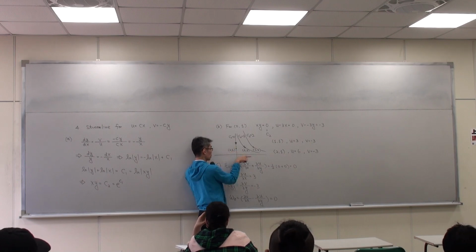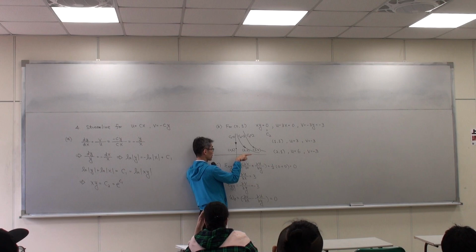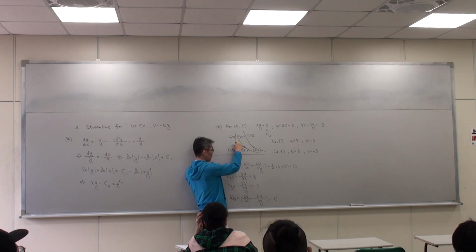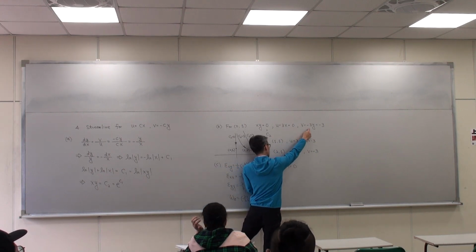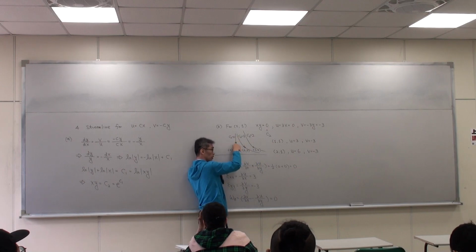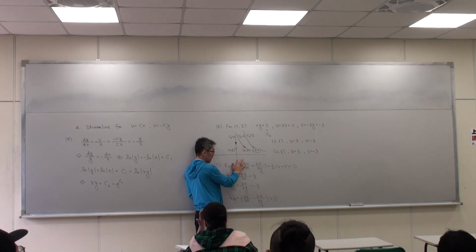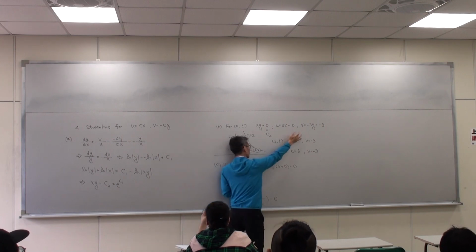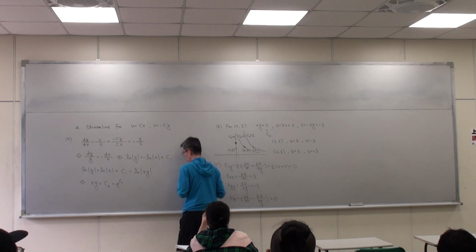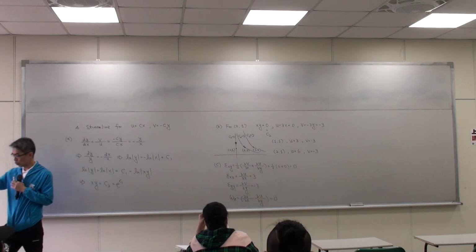So that means they don't have an x direction velocity, but they have a y direction negative velocity. So on the other side, you have a negative y. They should have a velocity going upward.